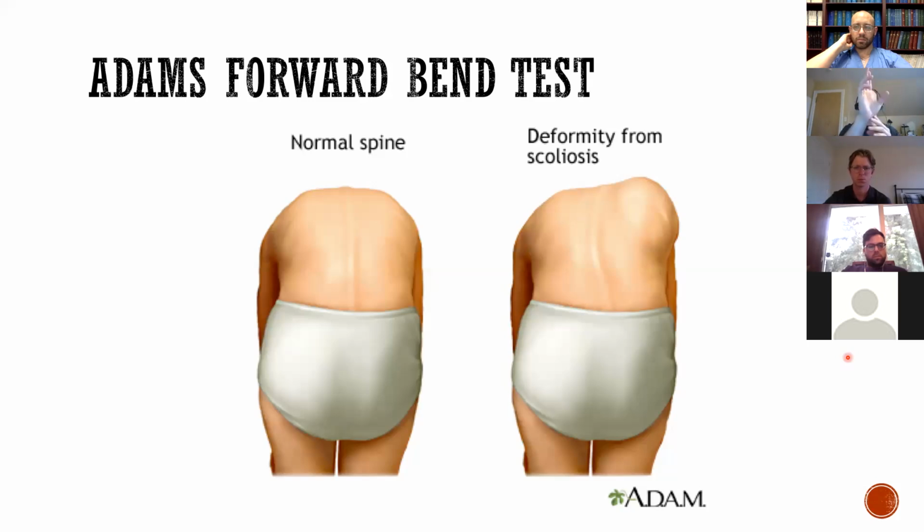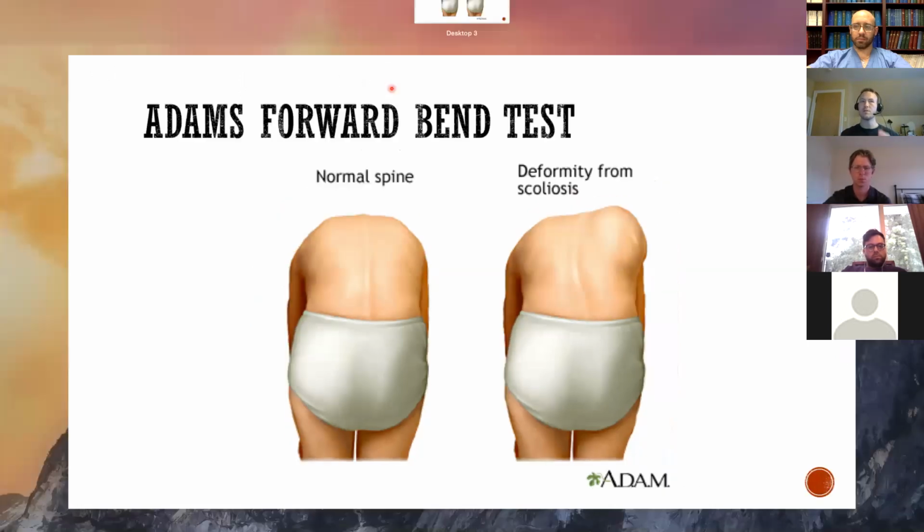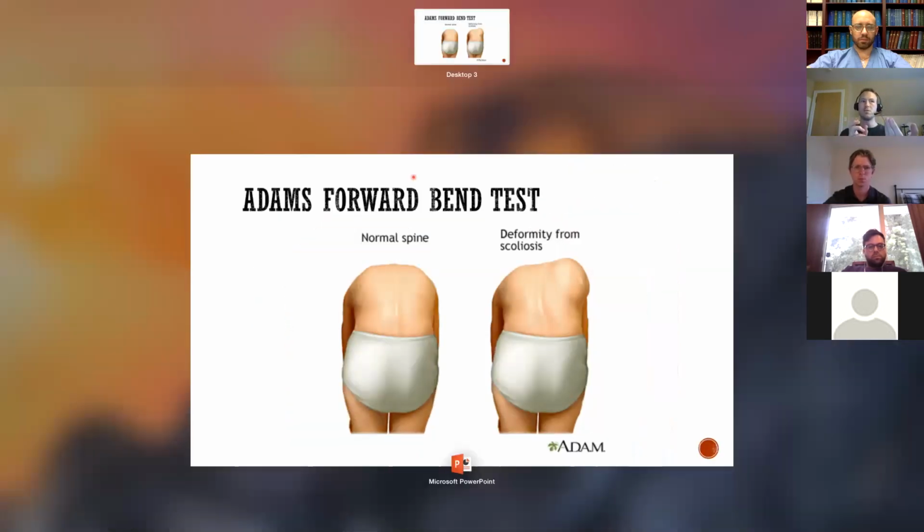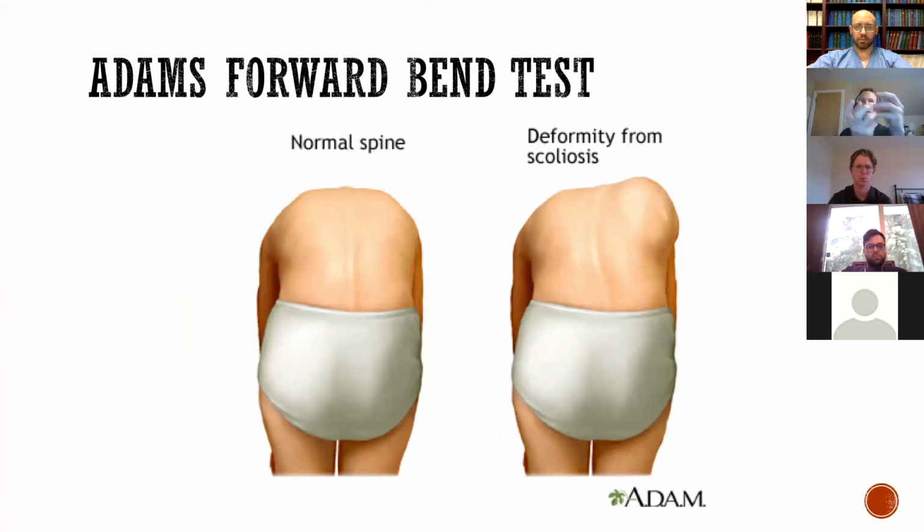As the spine twists and bends, it forces those ribs more prominent on one side as the spinous processes rotate away from that side. So the rib prominence is always going to be on the concavity of the curve. As it bends away and rotates away, it draws the ribs into a posterior prominence.